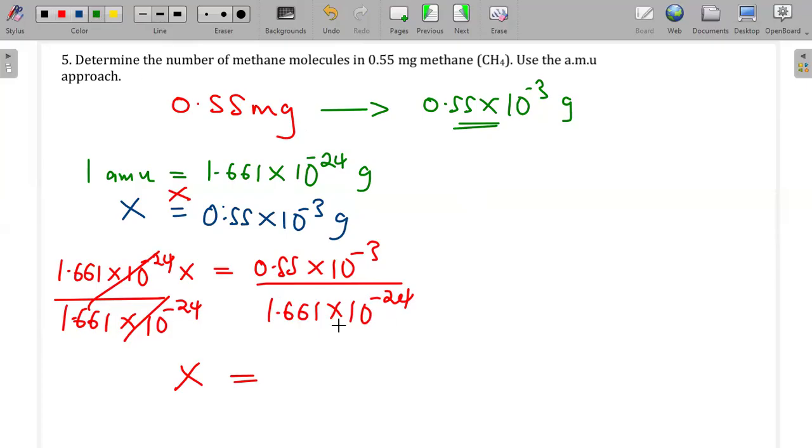I can separate these two numbers: the ones without the 10 to the power something, I'll put together like this. But if you want, just punch this on your calculator, multiplying by this, but make sure you put them in brackets, otherwise you are going to get the wrong answer. Then multiplied by, here I have 10 to the power minus 3, down there I have 10 to the power minus 24. This one I can easily divide, right? So that is 0.55 here.